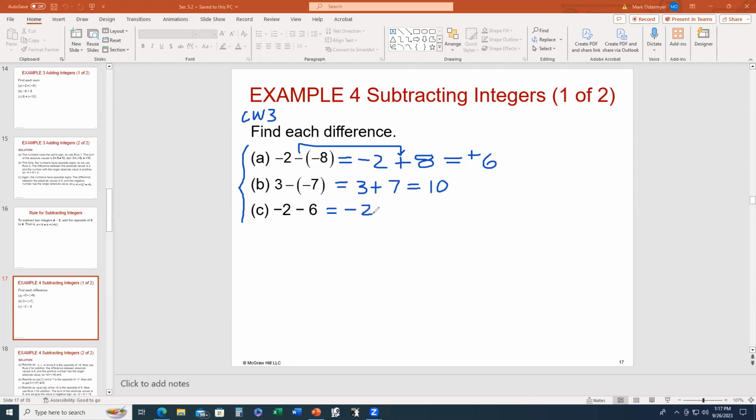We change subtraction to addition, but we must add the opposite of +6, which is -6. This is really equivalent to -2 plus a -6, and a negative plus a negative is always negative, and we add. So it'll be -8.